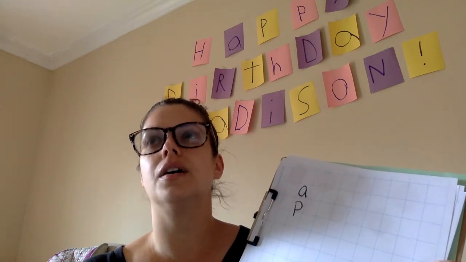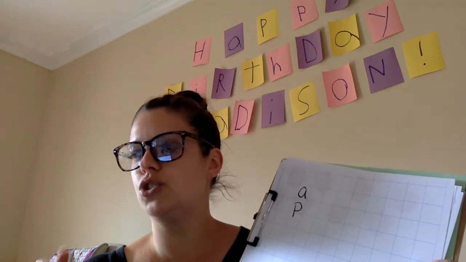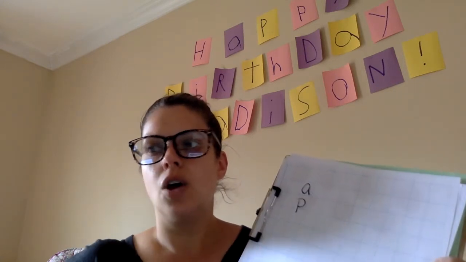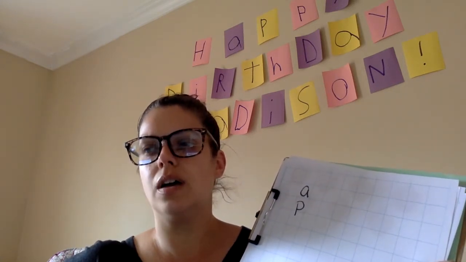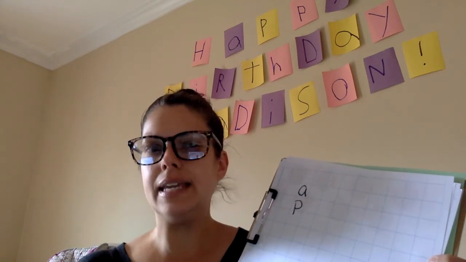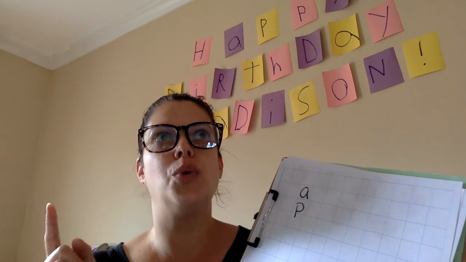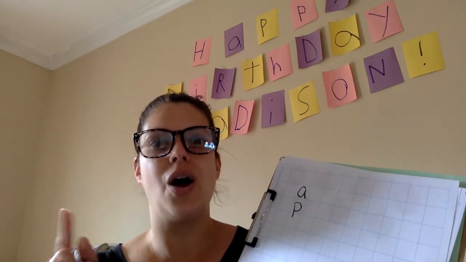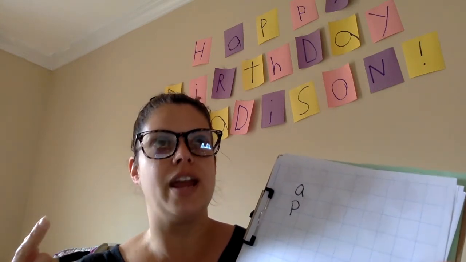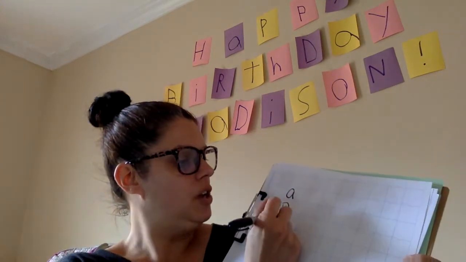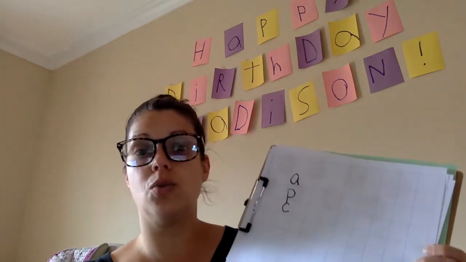C, c, c, cucumbers. I remember she picked 2 cucumbers, and I know c, c, c. That's the letter C or K, but I know C always goes with the vowels A, O, and U, right? And K goes with I and E. So I'm going to write C for my cucumbers.